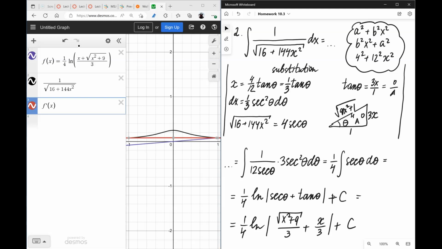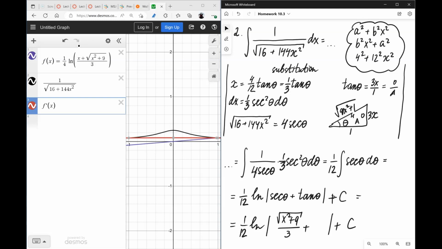And then this is 4. This is 1/3. So this is 1/12. So we have 1/12. It's 1/12.